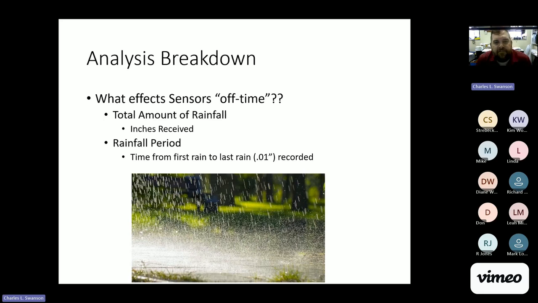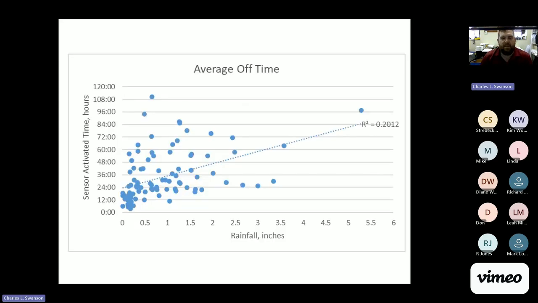So we looked at what affected how long the sensor turned off the irrigation. The 2 basic analyses we did were looking at how much rain occurred versus how long it rained for. And we found some very interesting results. I'm not going to go into a statistics class here, but we have a simple scatter graph from all the sensors.